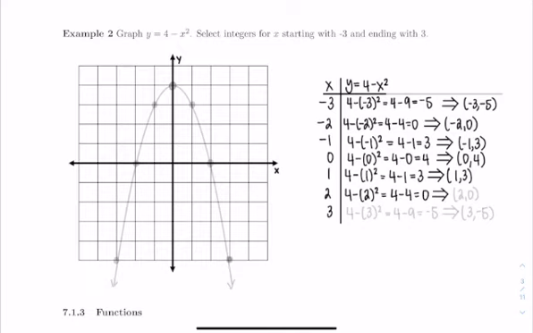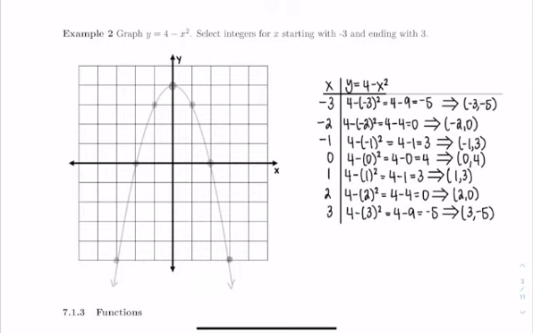And so we get the point 2, 0. And the last one, we have 4 minus 3 squared, which is 4 minus 9, which gives me negative 5. And so we get the point 3, comma, negative 5.